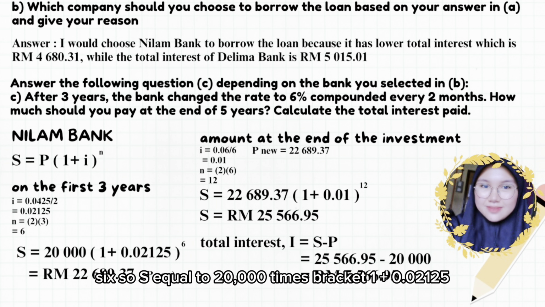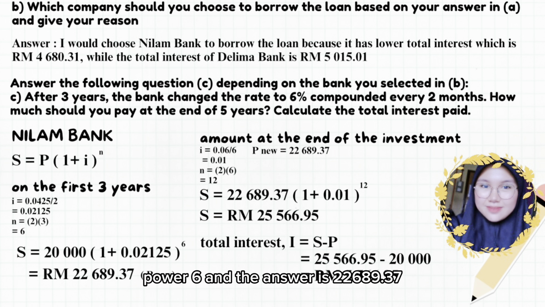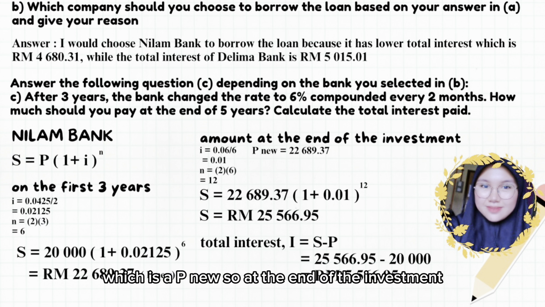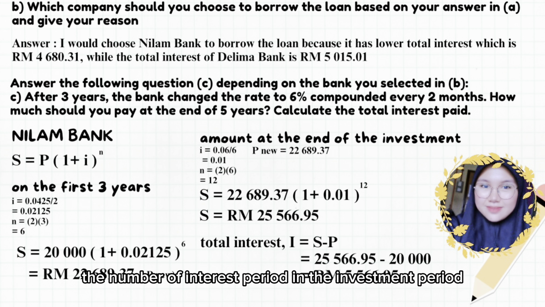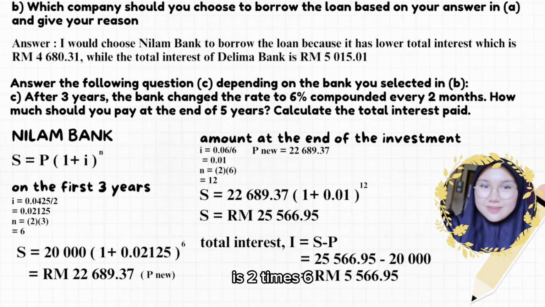So S equals 20,000 times bracket 1 plus 0.02125 power 6. And the answer is 22,689.37, which is the new P. So at the end of the investment, the periodic interest rate equals 0.06 over 6 and the answer is 0.01. The number of interest periods in the investment period is 2 times 6, equal to 12.